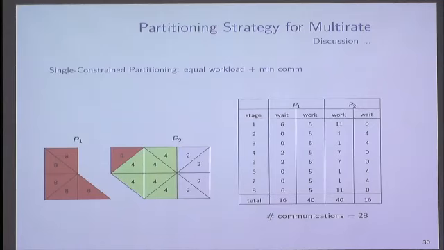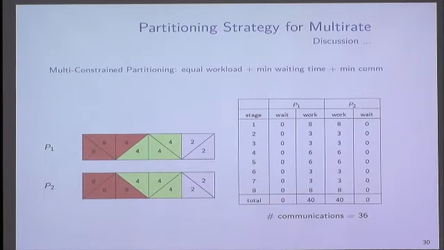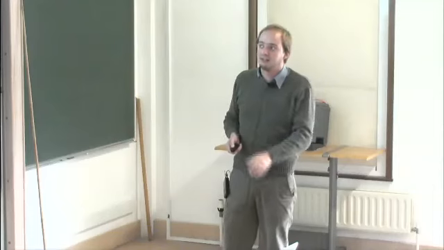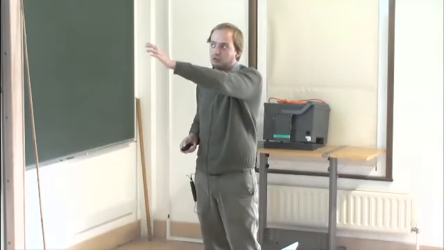So we see that the communications increase, but what we then can do is use a multi-constraint partitioning where we ask to have the equal workload, but also to minimize the waiting time on each processor. And so actually what we want is that at every stage we have the same amount of elements that are active. So in this case, this is an ideal case. We have 3 red elements, 3 green, and 2 blue.